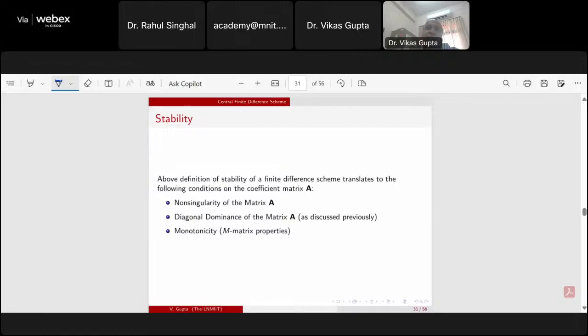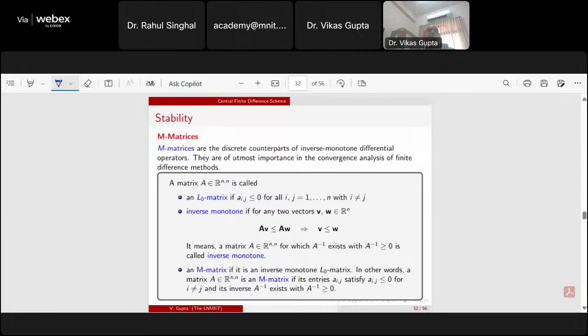In that case, if matrix A is irreducible diagonally dominant and the off-diagonal entries are positive, then you can say that matrix A is an M matrix. So now the question is what we mean by the M matrix. M matrices are the discrete counterpart of the inverse monotone differential operator.